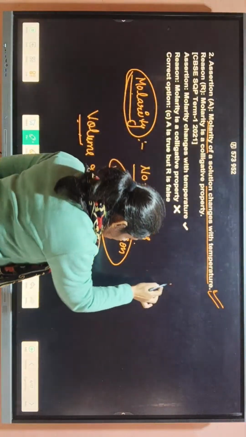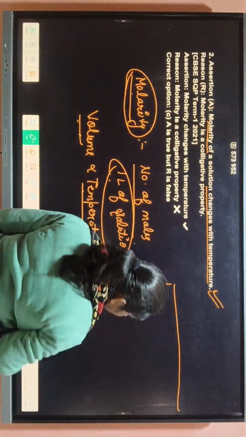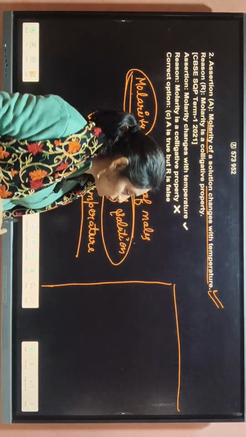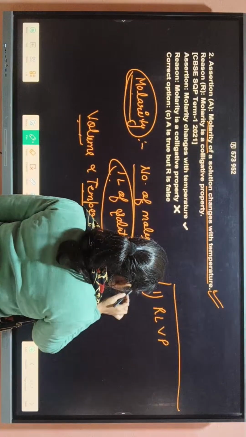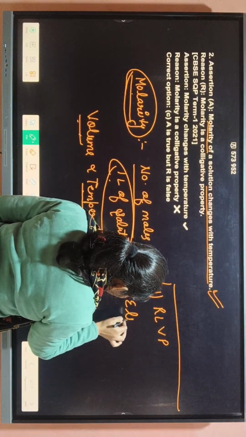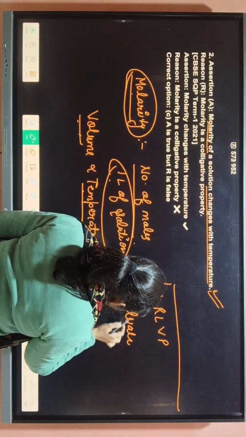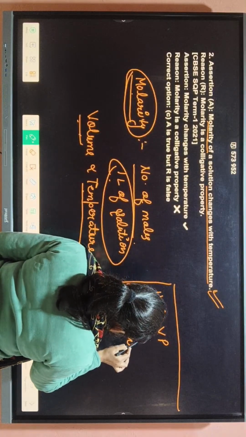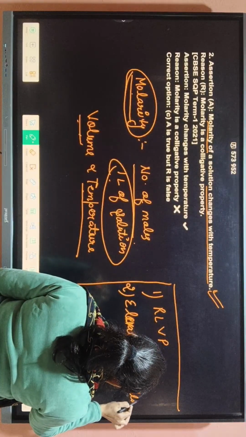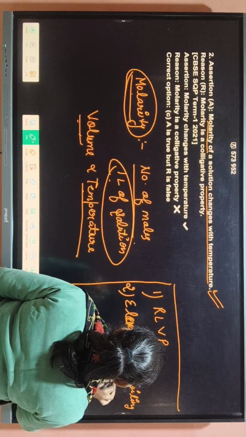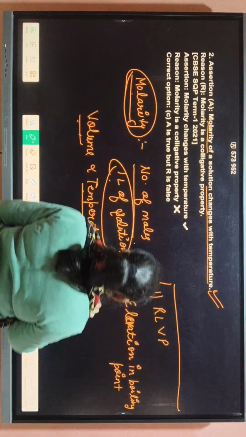No students, in this unit we discuss only 4 types of colligative properties. First one is relative lowering in vapor pressure. Second one, elevation in boiling point. Next one is depression in freezing point.